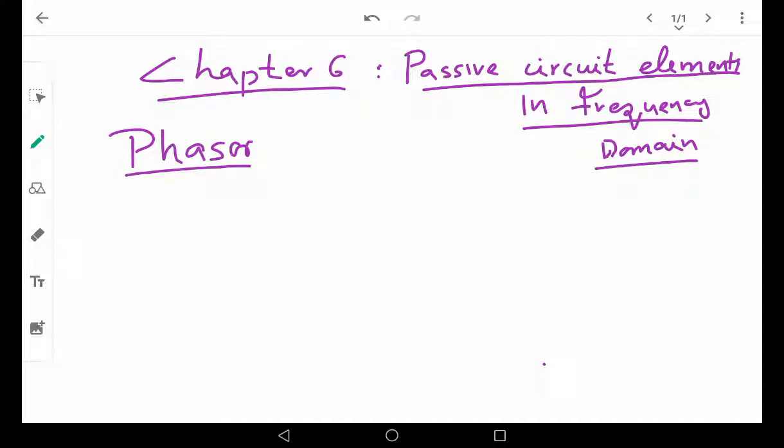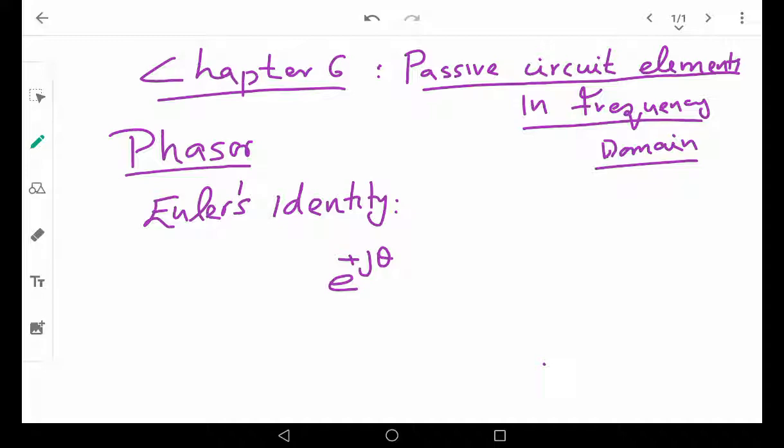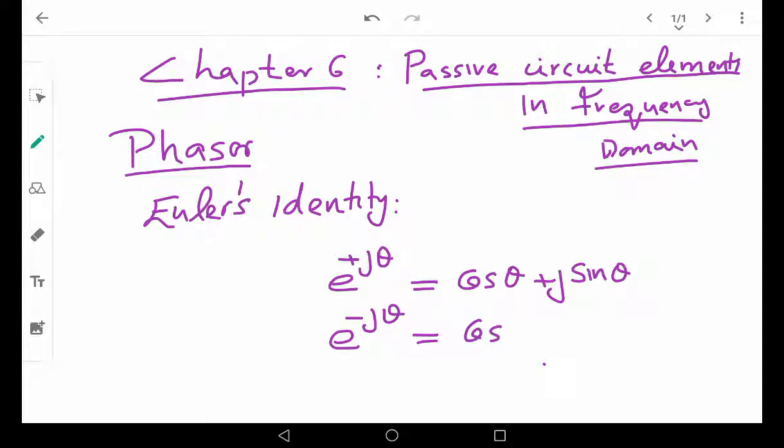You have Euler's identity, right? The Euler's identity in mathematics is given by e raised to plus j theta equals cos theta plus j sin theta, and e raised to minus j theta equals cos theta minus j sin theta.